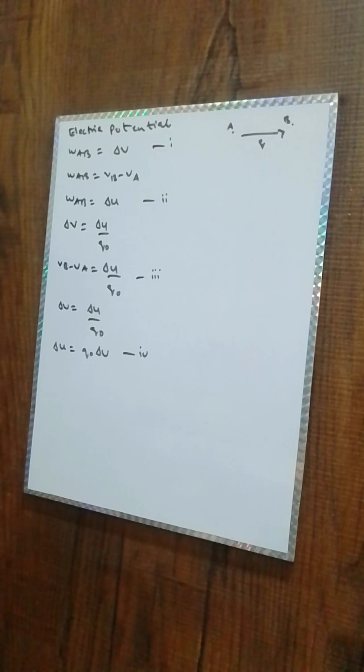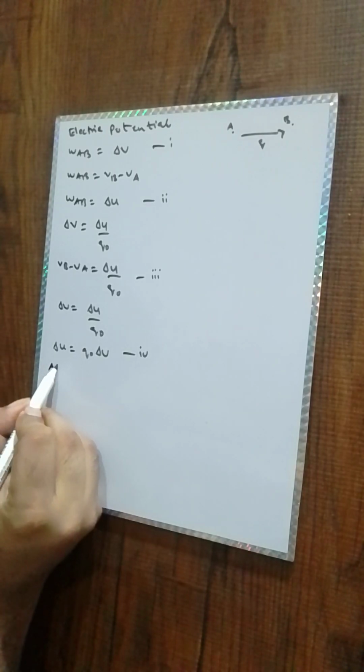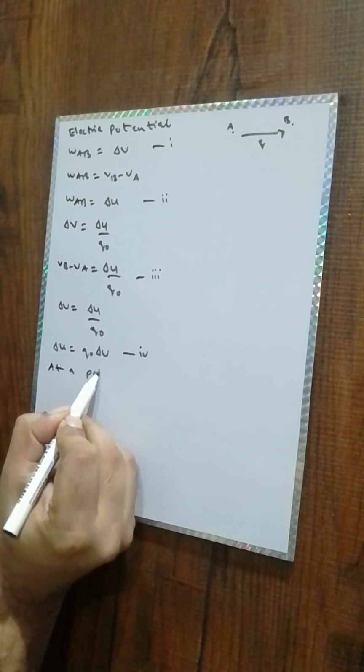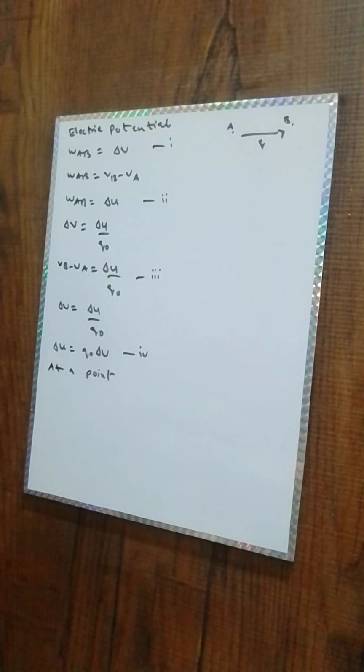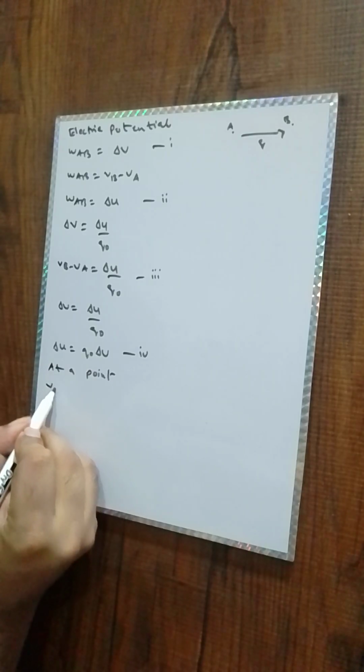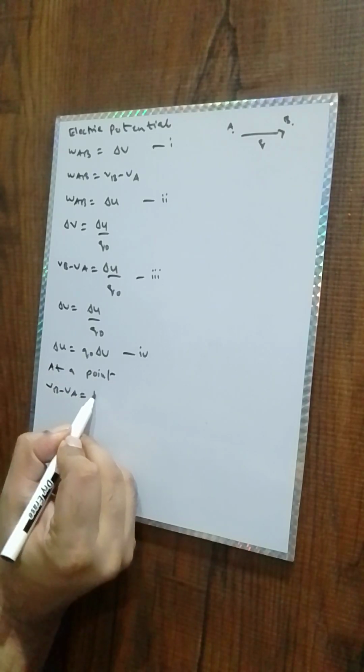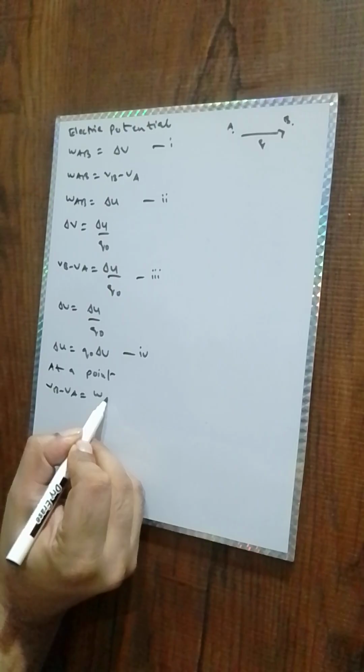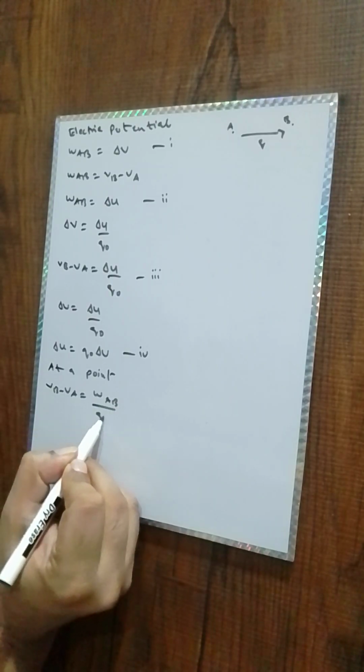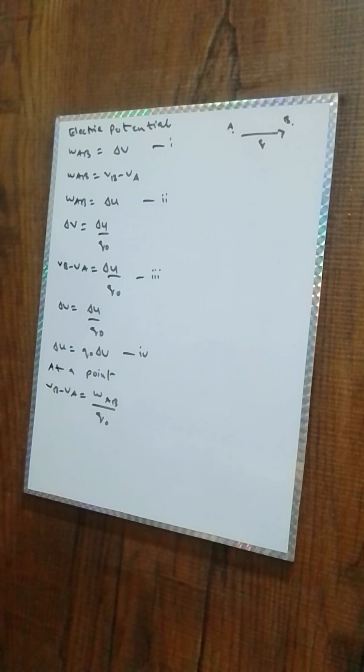And the potential at a point: VB minus VA is equal to work done from A to B by Q naught. This is understandable from the work above.